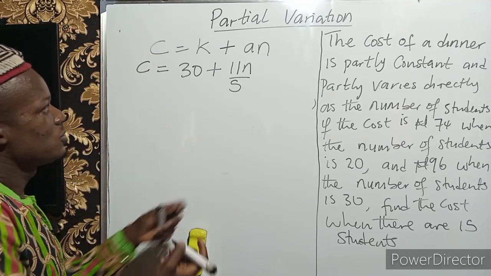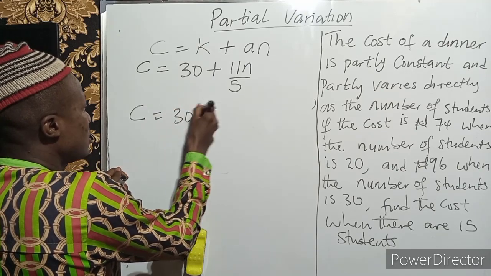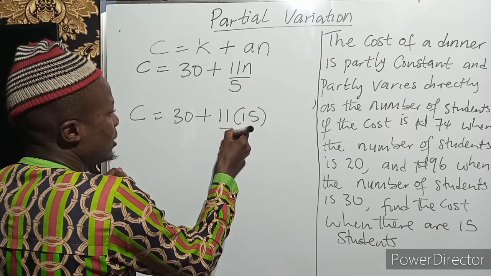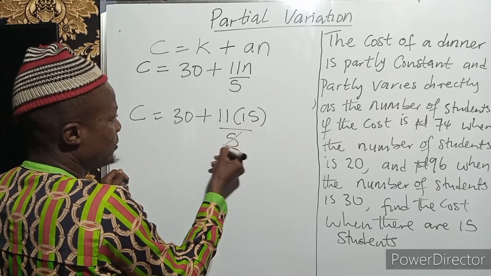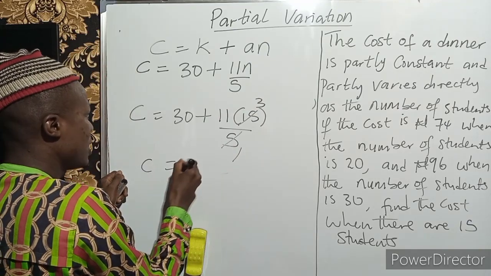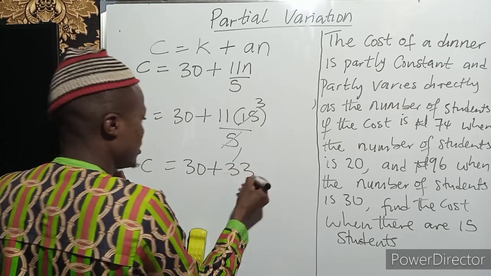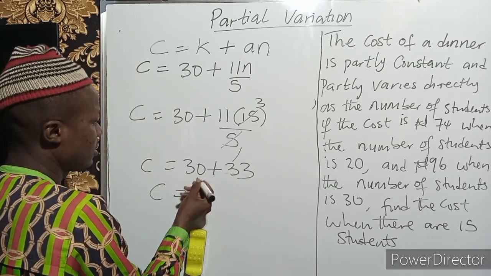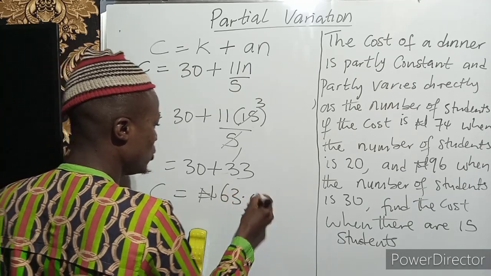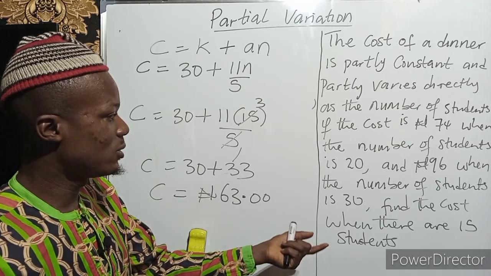So when there are 15 students, it means that N is now 15. So C will now be 30 plus 11 bracket 15 all over 5. 5 here is 1. 5 here will give us 3. So the cost is now 30 plus 11 times 3 will give us 33. So the cost is now 30 plus 33, which will give us 63 naira, no kobo.